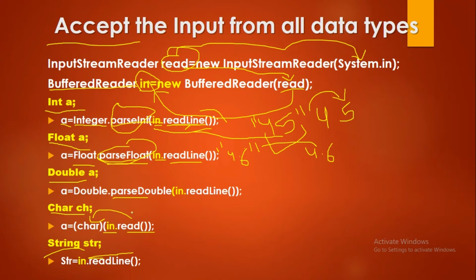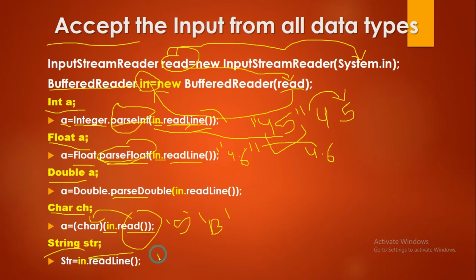What is the meaning of read and readLine? Read is just for taking the input as one character. One character means, suppose 5 is there, it will take 5 only. Suppose b is there, for a single character we use read.